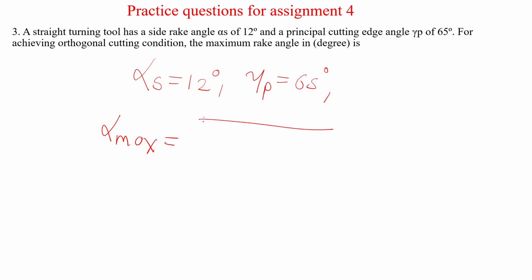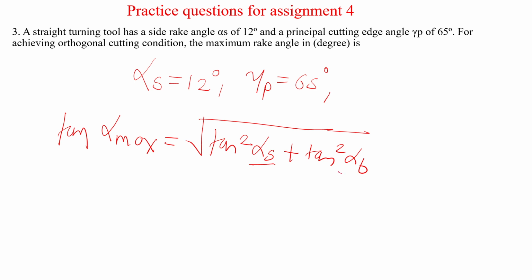It is tan alpha max is equal to the square root of tan square alpha S plus tan square alpha B. Alpha B is the back rake angle. You know that? Yes, sir. So now we have alpha S, but we don't have the back rake angle.